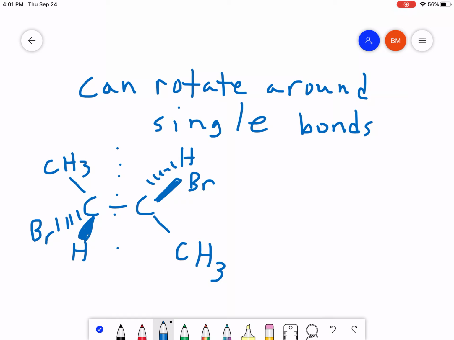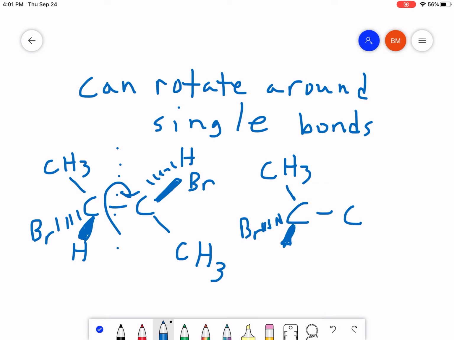However, you are allowed to rotate around that single bond like a helicopter, and you'll see that the same molecule can have this state as well. All right, so if we rotated that right side, you could rotate it about 180 degrees, and that CH3 that was pointed on bottom would then point up there.